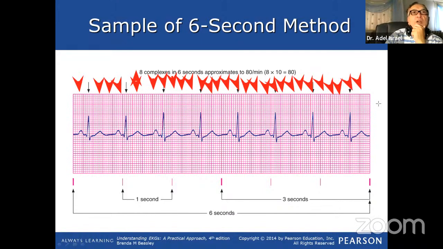You got it? Are you following? So this is 30 big squares, and 30 big squares represent 6 seconds.